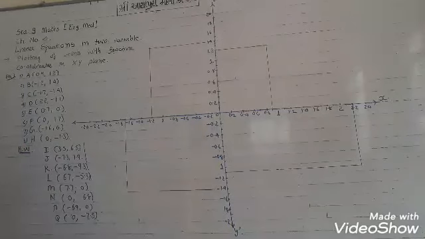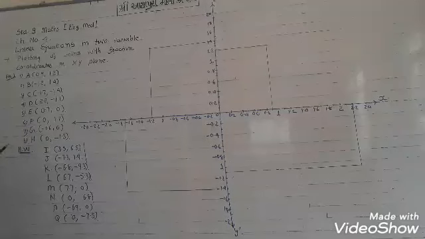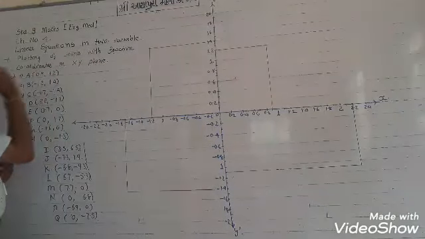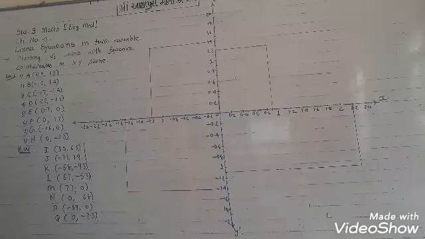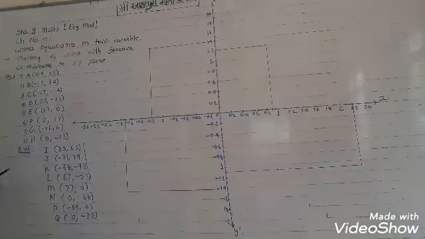In chapter number 3 we learned about plotting, but we did not practice plotting points with fraction or decimal coordinates. We did not take them at that time, because in the textbook it is not given, only one little example is there.